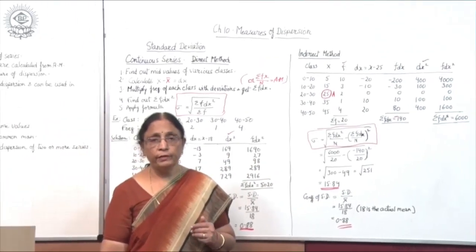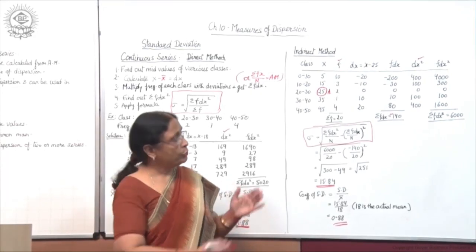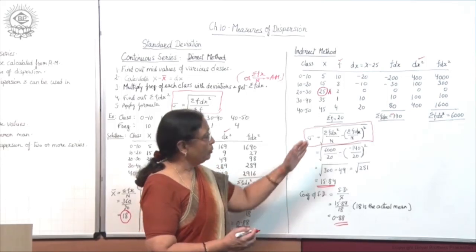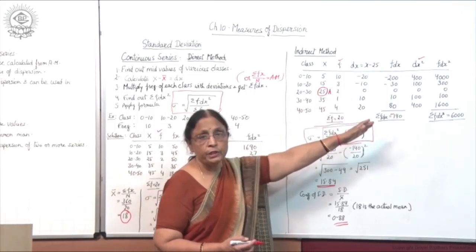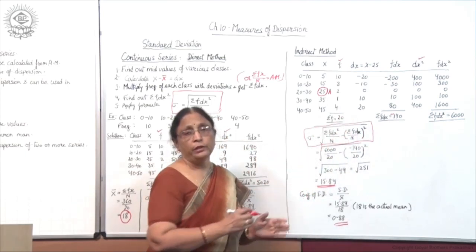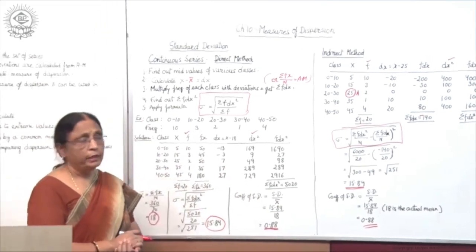Then it becomes very easy to calculate, and it is very interesting also because you keep on moving with the flow, because you know the formula and you know which column you need. Accordingly you make the column and just flow with the numbers and you will get the answer, right.